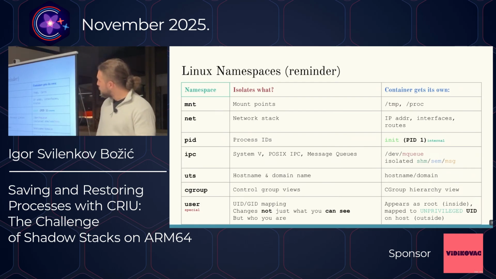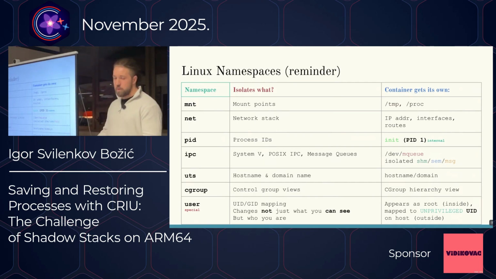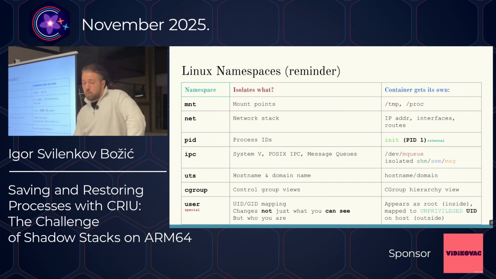Mount was one of the first namespaces to exist in the kernel. Then others were slowly added, and one thing worth noting is that the user namespace is considered special, because it is different from the others.